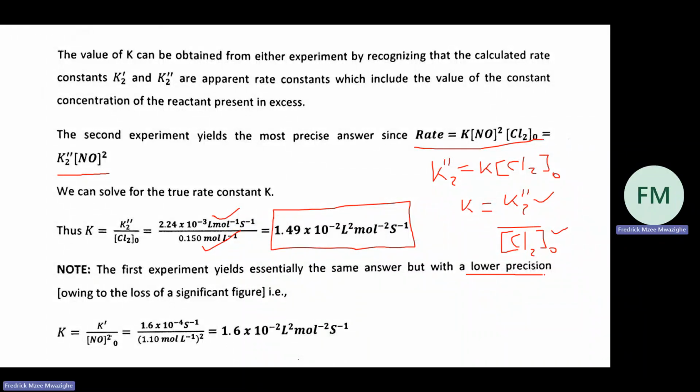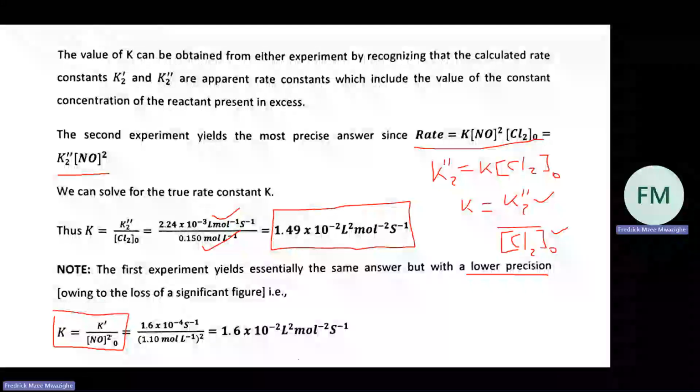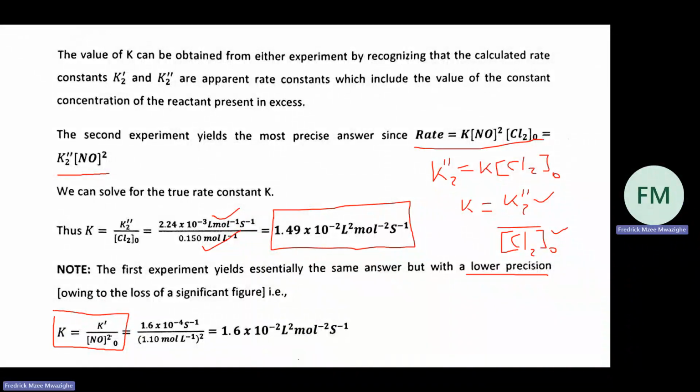So there's lower precision for that value of the rate constant. If we use the first experiment, K equals K prime divided by the initial concentration of NO squared. All these are given.